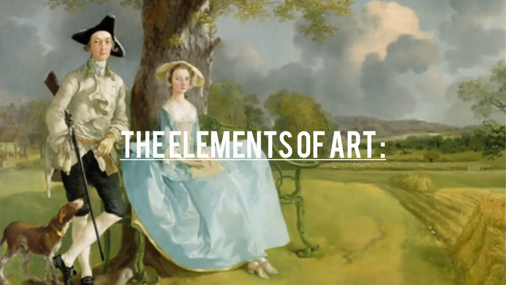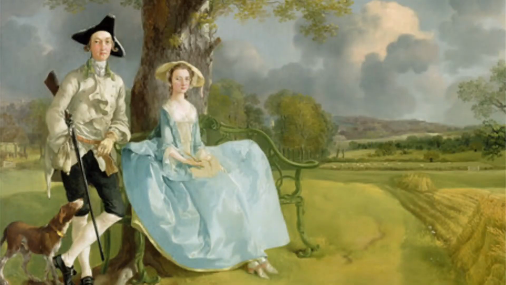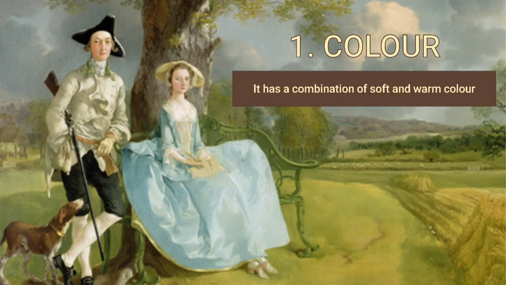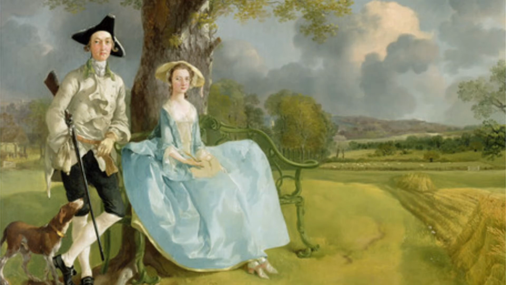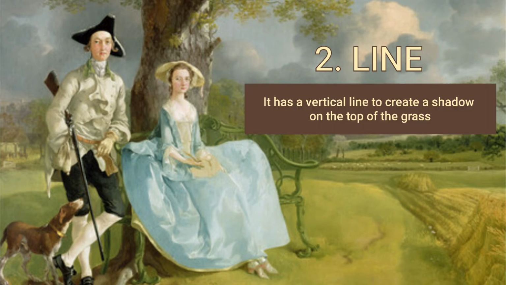The elements of art that show in the artwork include color. In terms of color, it has a combination of soft and warm colors, such as baby blue, soft green, brown, black, and white. Secondly, line. It has a vertical line to create a shadow on the top of the grass.